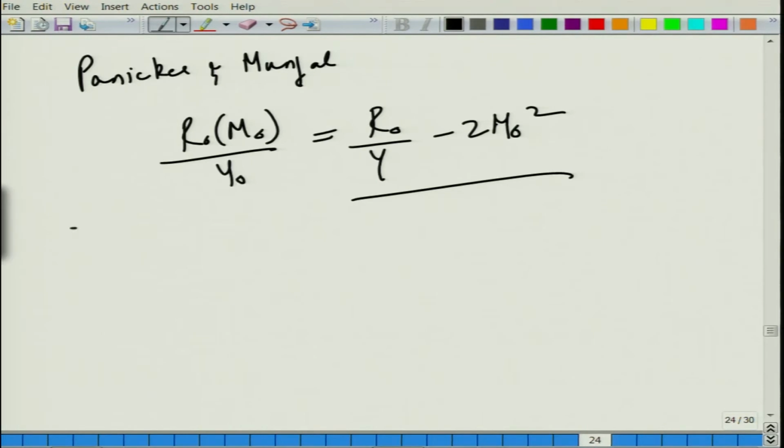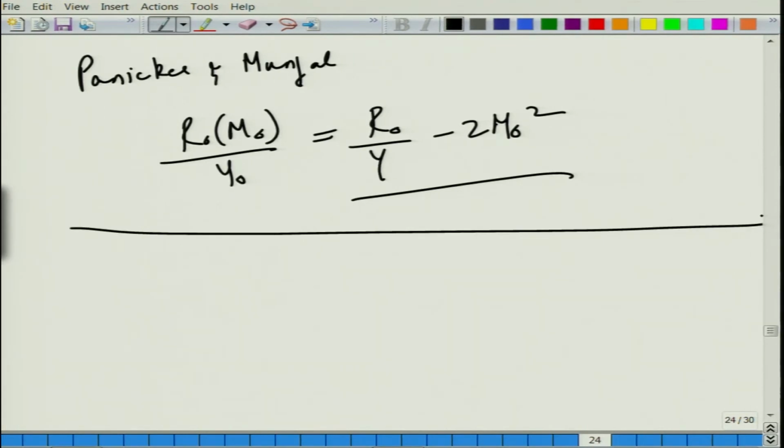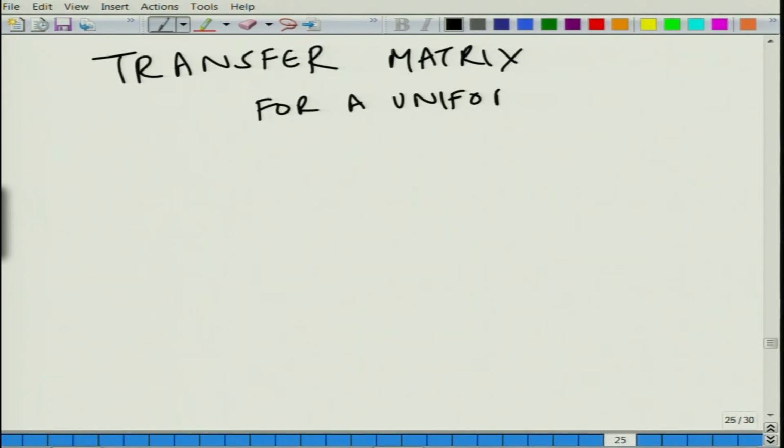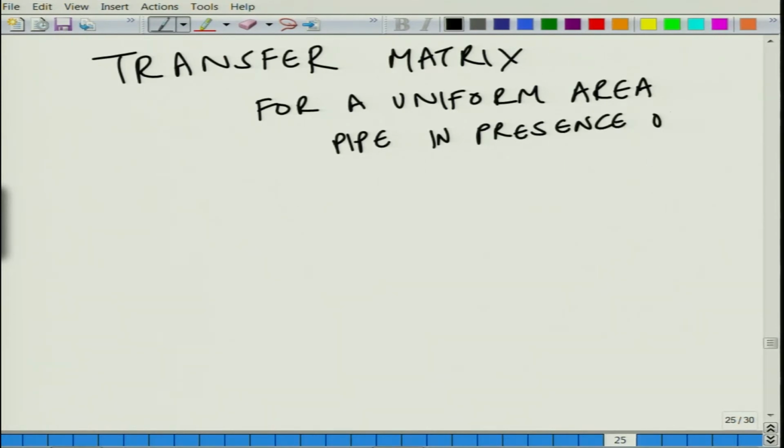So, our next topic in this lecture, before we complete this lecture, there are a couple of more things to be covered, is basically development of at least the simple expression for the transfer matrix of a uniform area pipe in presence of flow.